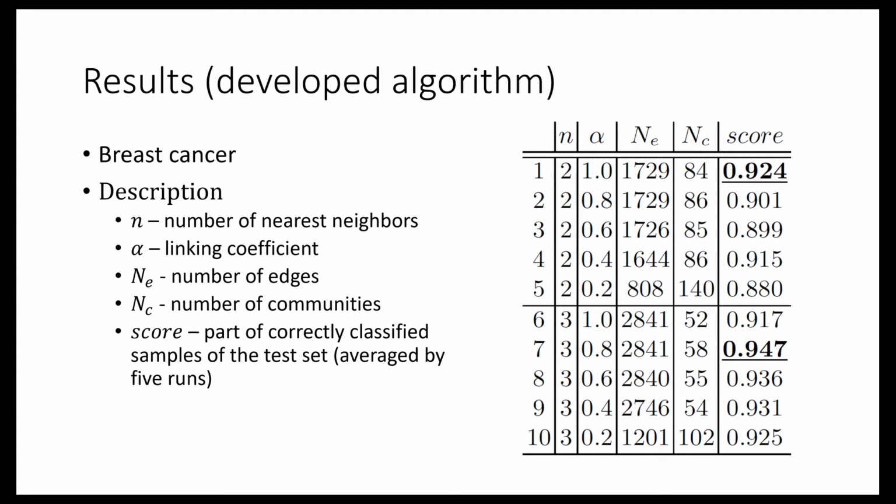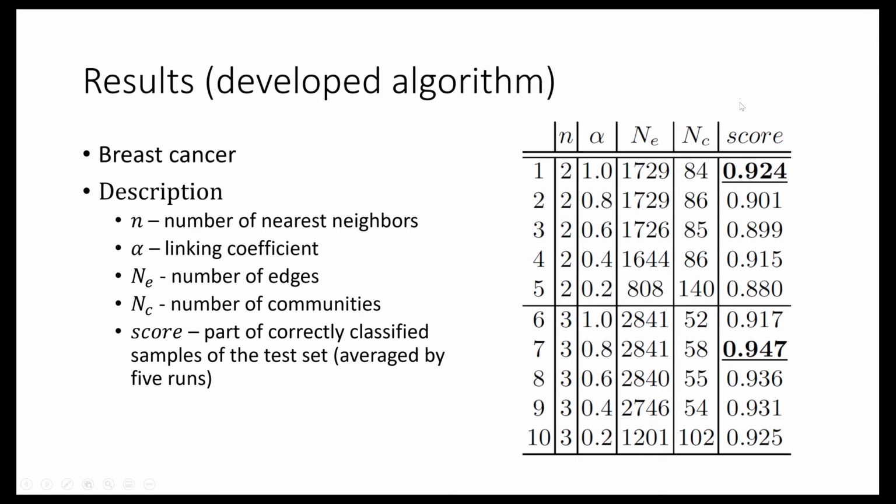Firstly, with a couple of nearest neighbors, and the second is with 3 nearest neighbors per each data element. And in the third column, you see the number of edges in the resulting graph. So you can notice that it is different in almost all experiments, and the number of communities.